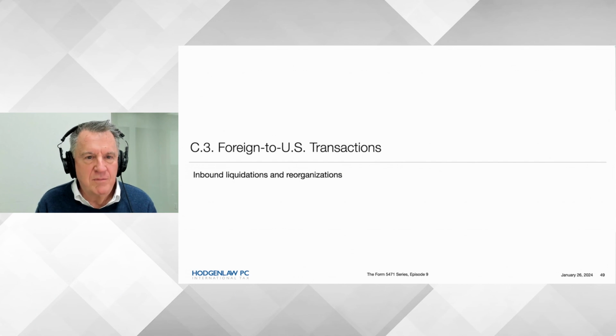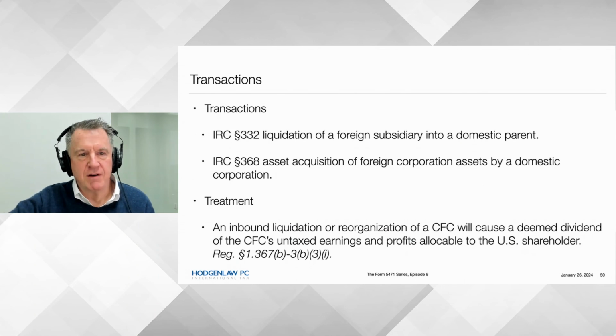Finally, let's wrap up with foreign to US transactions. So this is inbound stuff. So you're looking for a liquidation under Section 332. Section 332, just for your memory, in the purely domestic situation is you have an 80% or more owned subsidiary liquidating into the parent.